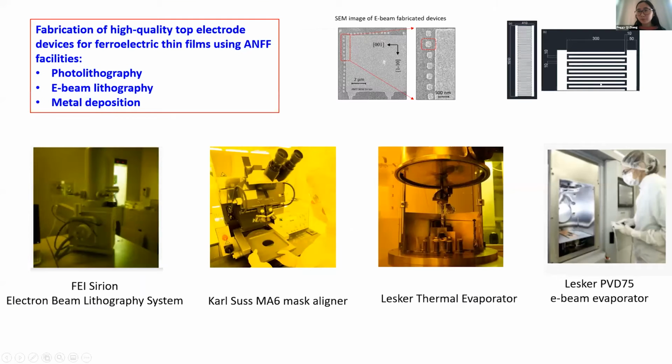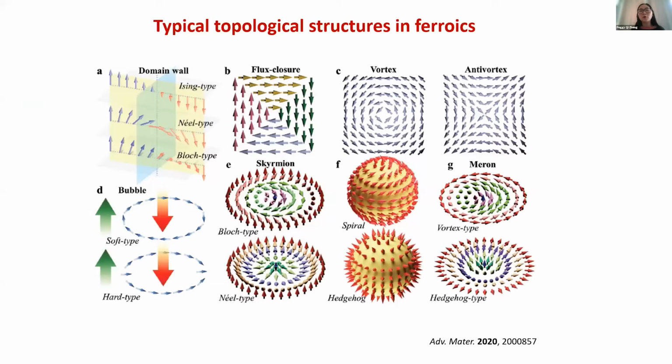So we use ANFF facilities like e-beam lithography, photolithography, the small evaporator, and PVD to prepare various kinds of devices, in micron size or nanoscale size. This helps us with all those studies.